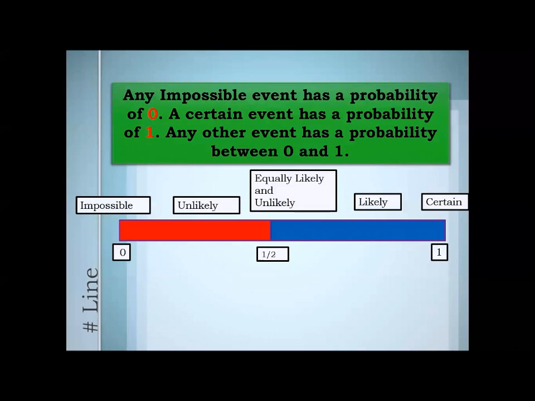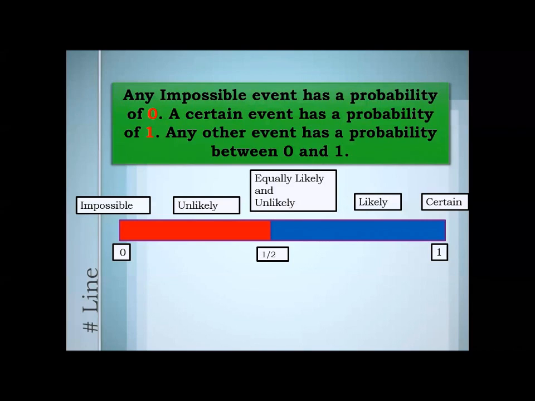We have the line starting at 0, and then it divides in half, and then it goes all the way up to 1. There are impossible events, unlikely events, equally likely and equally unlikely, and then likely, and then certain.